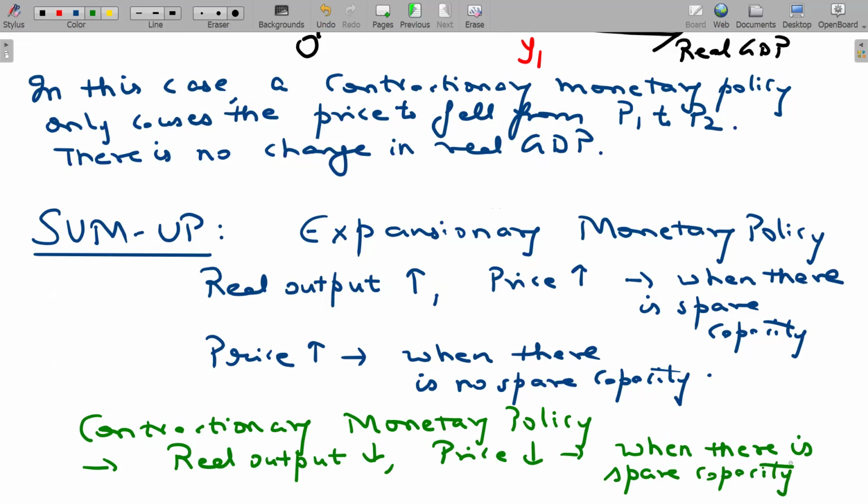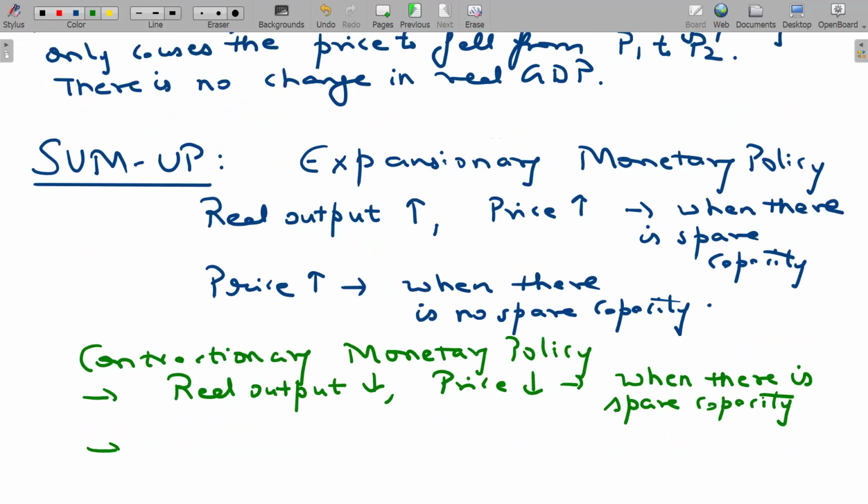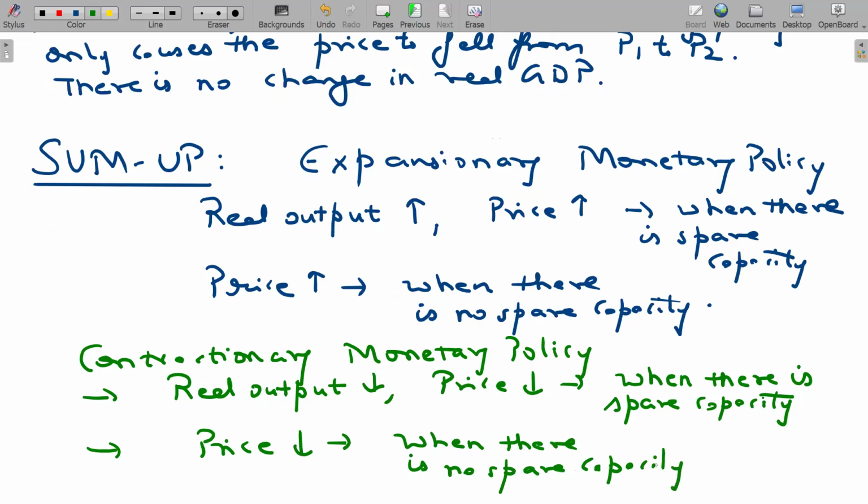But it will only cause prices to fall when there is no spare capacity. That means when you are on the vertical portion of the LRAS. So this is what we learn from the impact of expansionary and contractionary monetary policy.